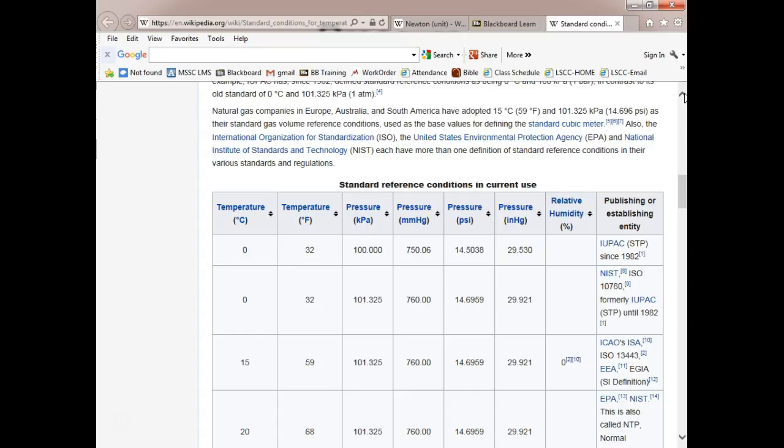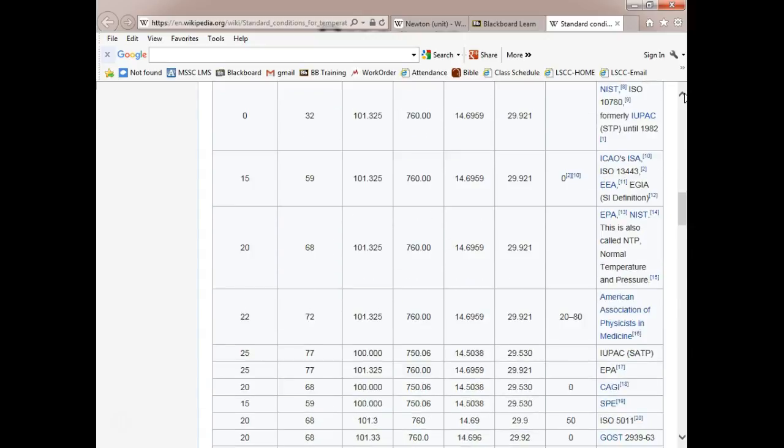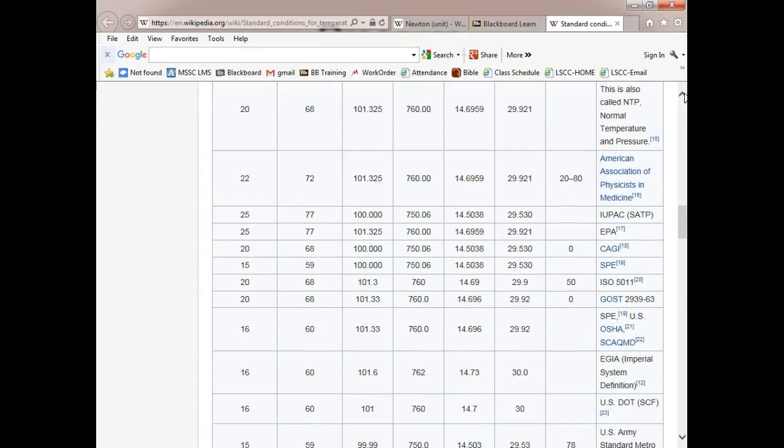This organization uses that, this one uses that. This organization gets 14.5, 14.5, 14.5, 14.69. This one is rounded a little bit, 14.69, 14.69. This one says it's 14.73. This says it's 14.7.